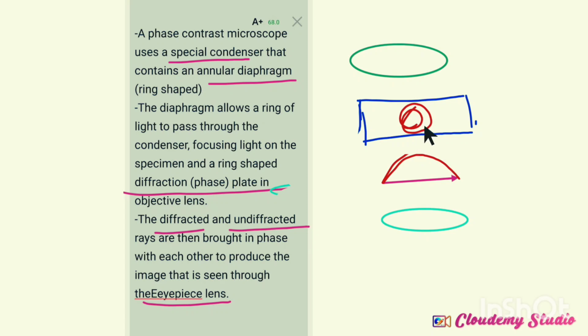We know that this specimen has different refractive indices, and that's why from different portions of the specimen light travels at different velocity, and then the diffracted and undiffracted light enters the phase plate of the objective lens, and therefore the diffracted and undiffracted rays are brought together in phase to produce the final image of the object, which is seen through the eyepiece of the microscope.